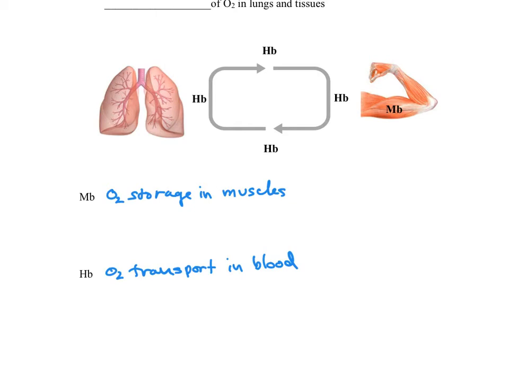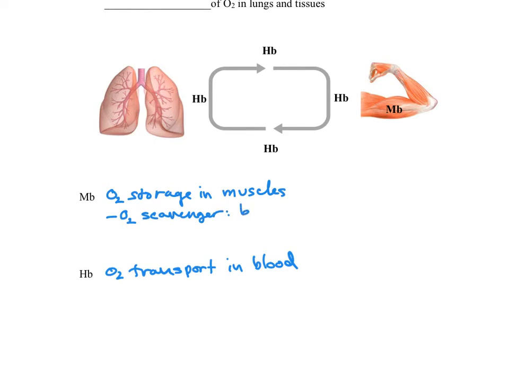When hemoglobin in blood passes through tissues and muscles, the oxygen is going to equilibrate between the blood and the myoglobin. And myoglobin's job is to grab as much oxygen as it can from the blood. I like to call it an oxygen scavenger.